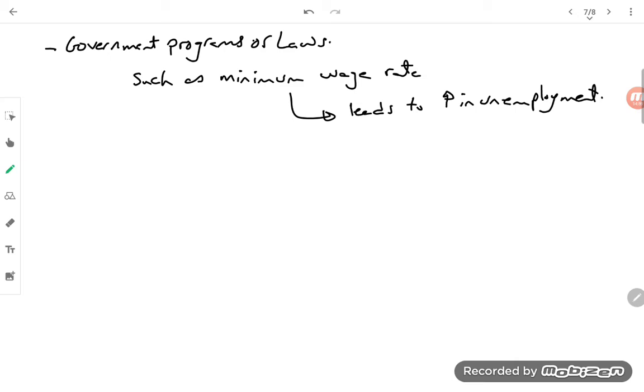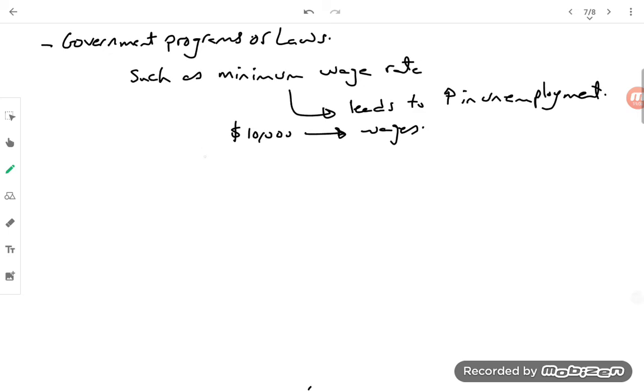Why does the minimum wage rate cause an increase in the unemployment rate? Say, for example, the firm assigned $10,000 as wages for a number of workers, whatever the number of workers. If they can pay each one of them 1,000, they can hire 10 workers.